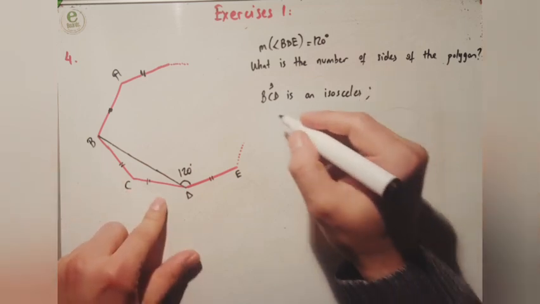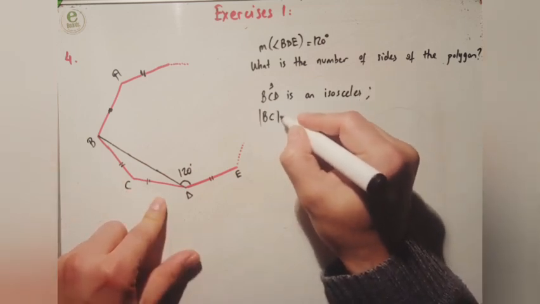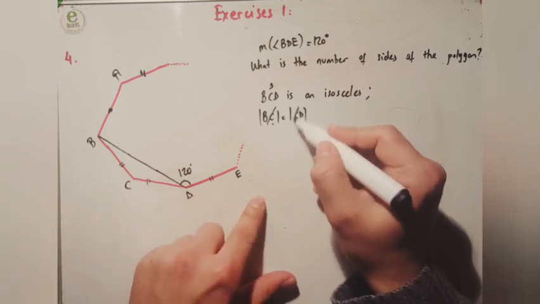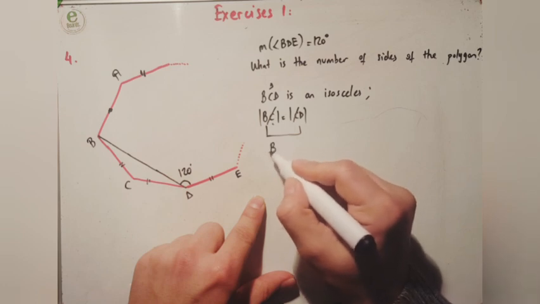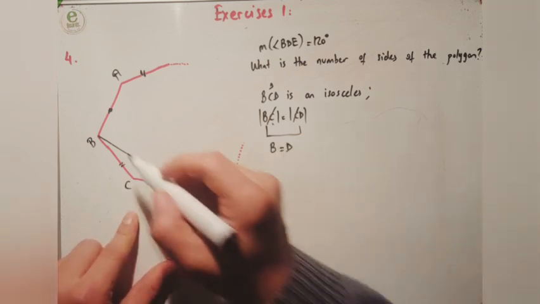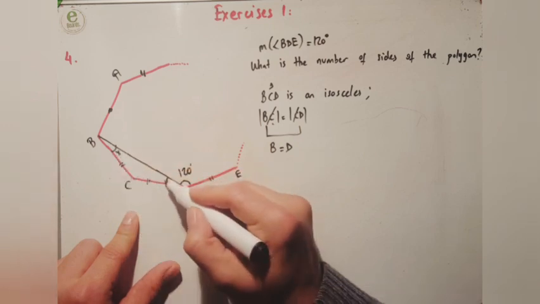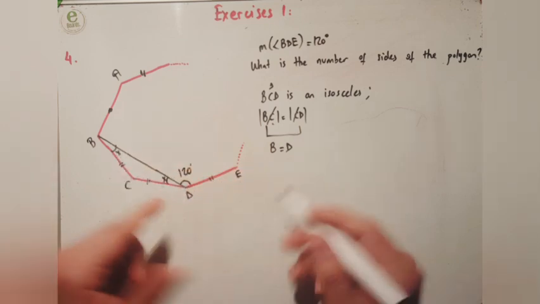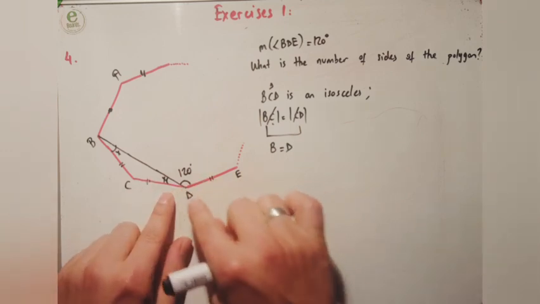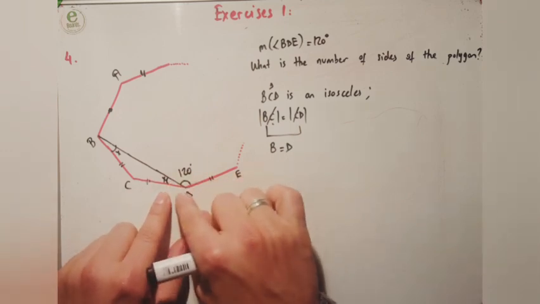BC is equal to CD. If BC is equal to CD, automatically the measure of angle B is equal to the measure of angle D. So let's say here is X. So tell me, what is the interior measure of the polygon here? 120 plus X, right?